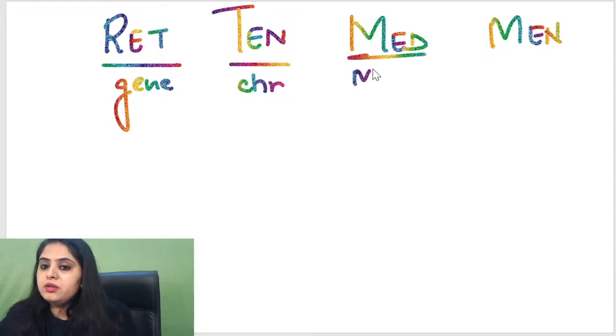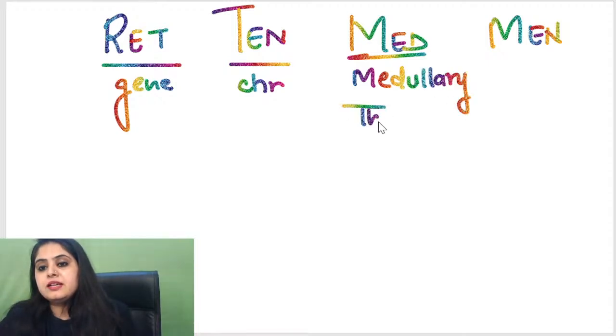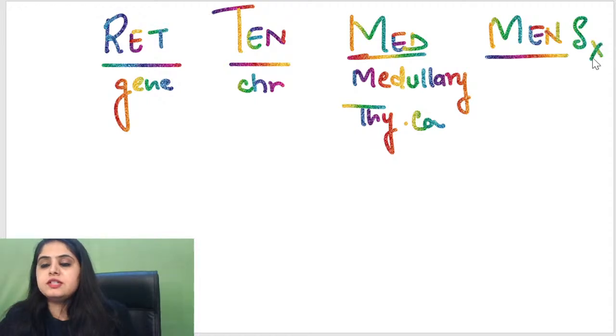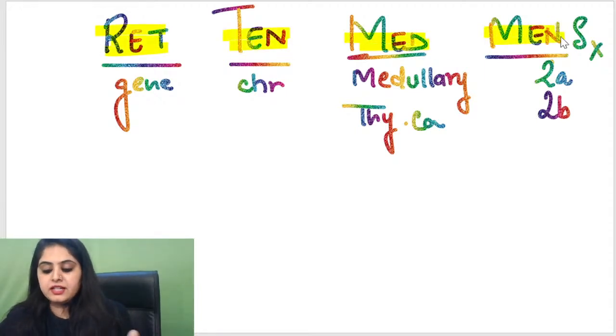The thyroid tumor which it causes is medullary thyroid cancer, and the syndrome with which it is associated is MEN syndrome. To be very precise, MEN 2A, MEN 2B. So remember, RET 10 MED MEN, something that you have to learn.